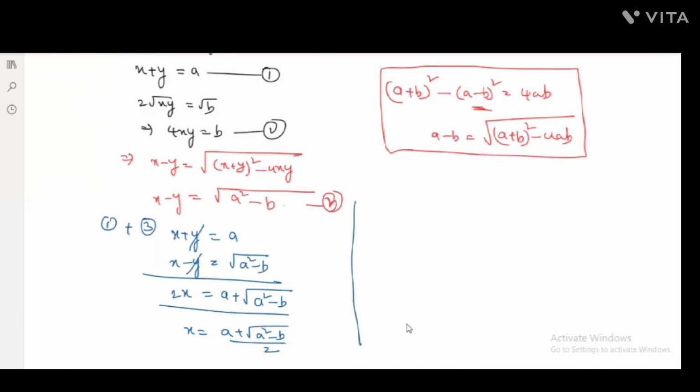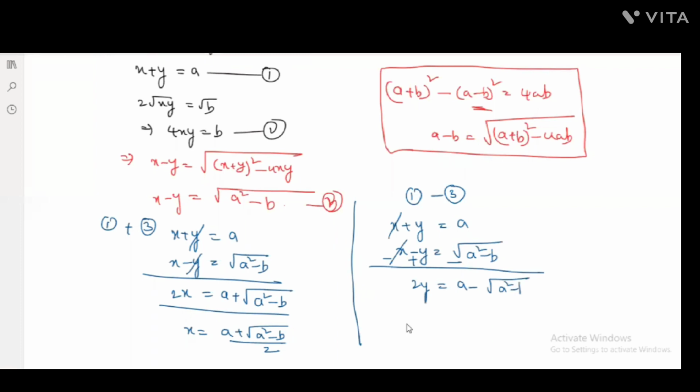Similarly, I'll subtract equation 3 from equation 1. x plus y is equal to a, x minus y is equal to root over a square minus b. Subtracting, x cancels, and we get 2y is equal to a minus root a square minus b. So y is a minus root a square minus b by 2.